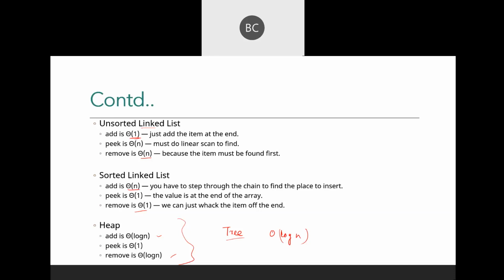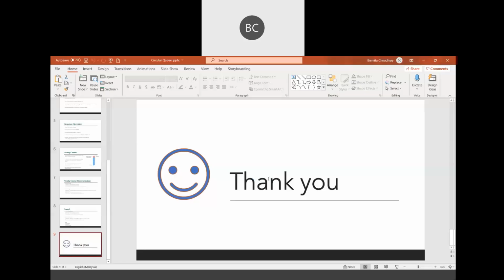We will implement that one, then it will be more clear how we implement a priority queue using heap. That's all about priority queue. So this unit is finished. We will move to the next unit.